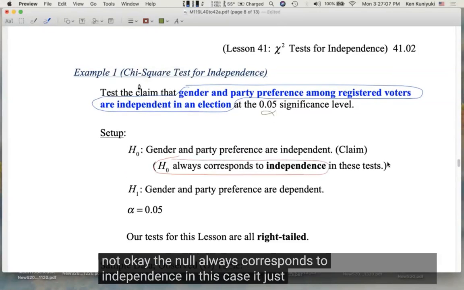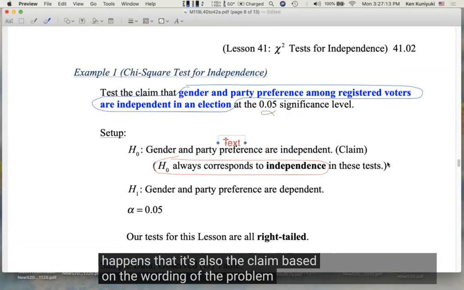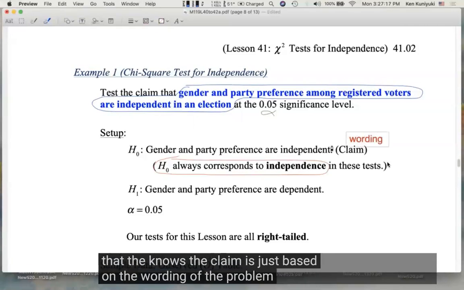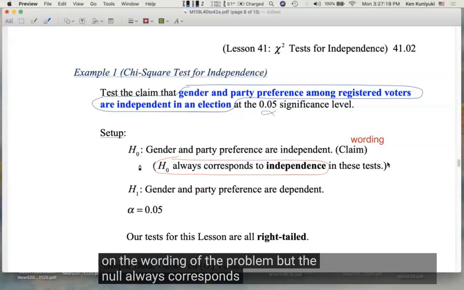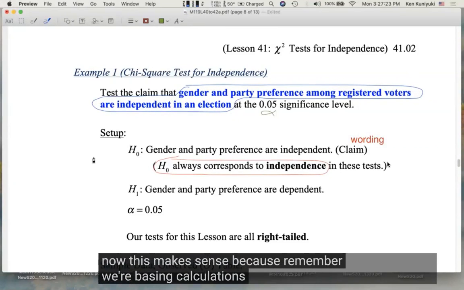In this case, it just so happens that it's also the claim, based on the wording of the problem. The fact that the null is a claim is just based on the wording of the problem, but the null always corresponds to independence. Now this makes sense because remember, we're basing calculations under the null.